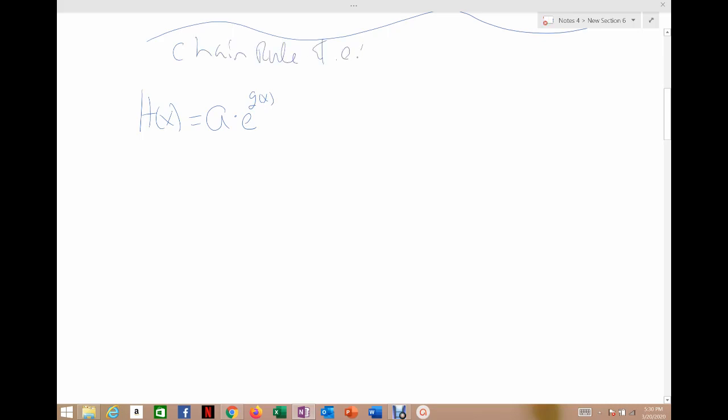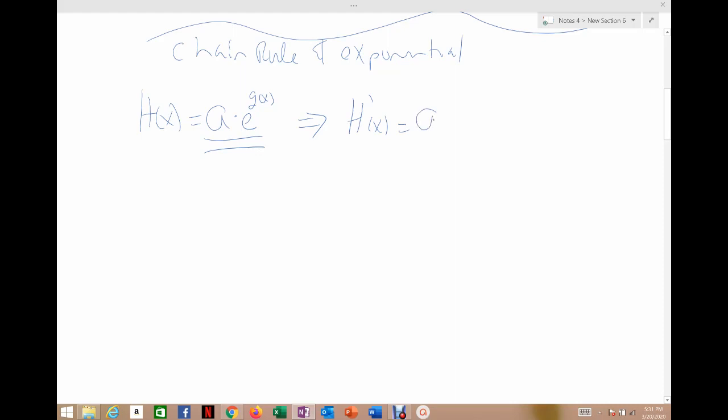Chain rule and the exponential. You can read that. And so it's the chain rule. Derivative of the chain rule is the derivative of the outside times the derivative of just the inside. And so the outside is the e part. And so when you take the derivative of this, the derivative of h of x, so h prime of x, the very first thing you write down is the original function, because that's the derivative of the exponential part. The derivative of the exponential is the exponential.